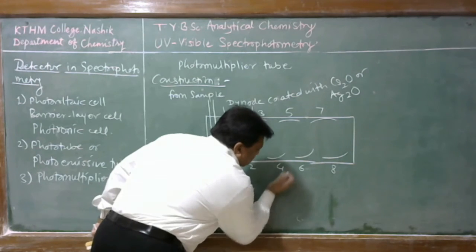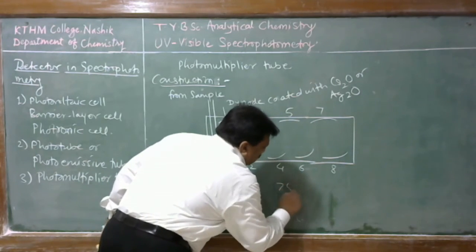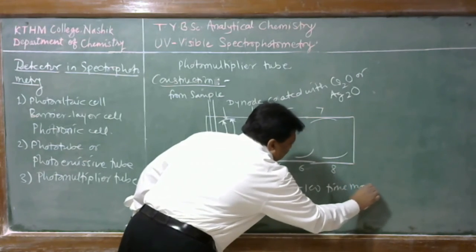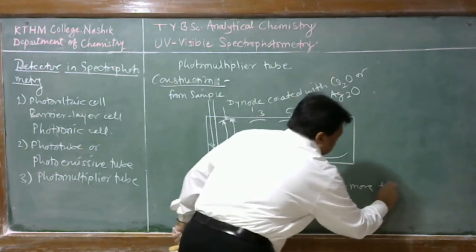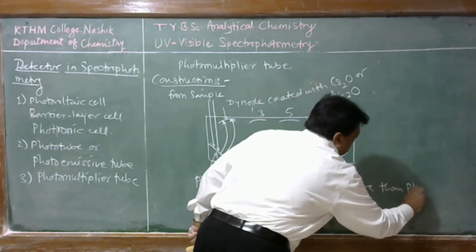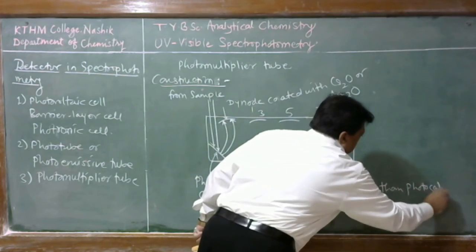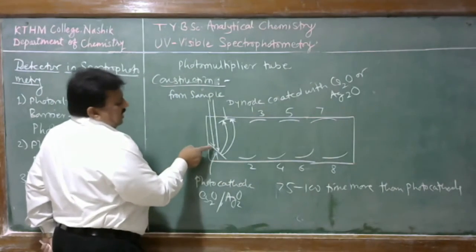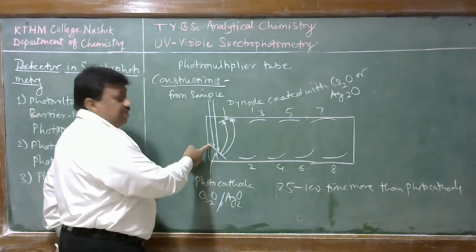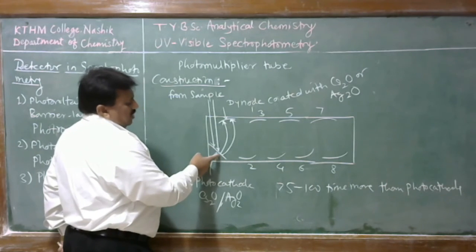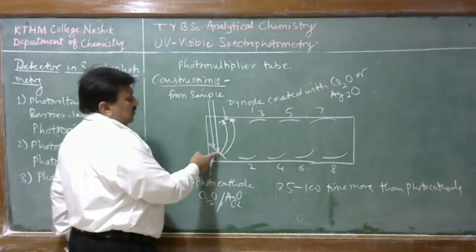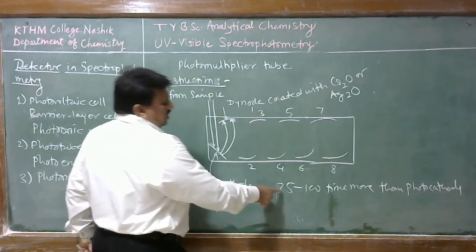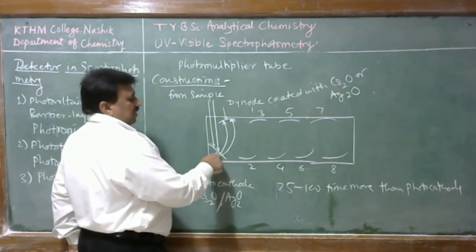The first diode is 75 to 100 times more positive than the photocathode.